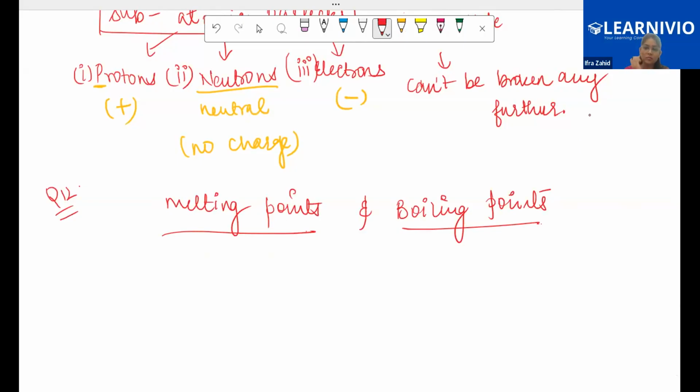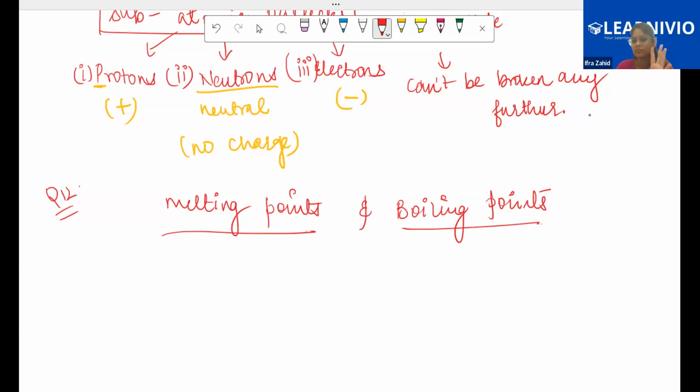Melting point means like at the point where the metal starts to break apart. Don't specify any substance. Melting point is specific for different substances, right? So don't name a specific substance, like you said, metals.